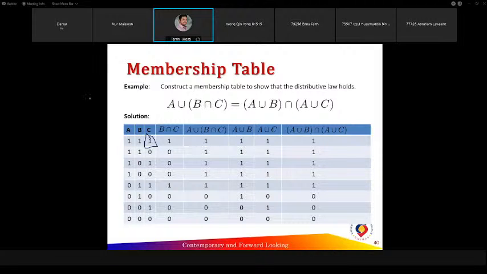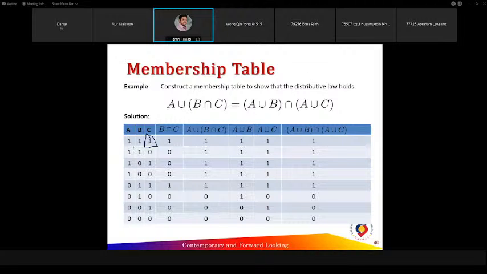We say that when you have it in the form of A union (B intersect C), this is the same as taking A union B, A union C, and then you apply the intersection. Just like in algebra, where we say x times (a plus b) is x times a, x times b, and then you add both of them together. So it's the same way of looking at this here.